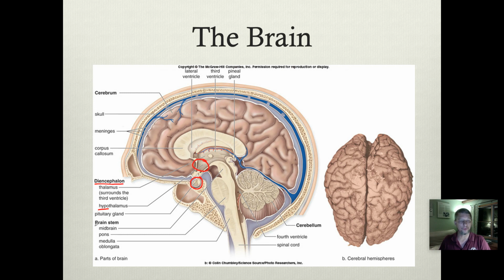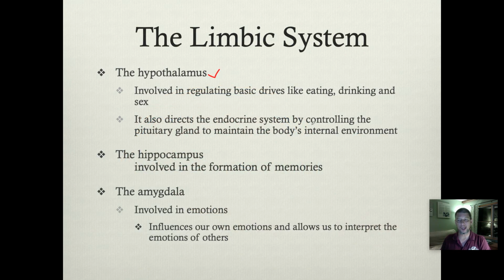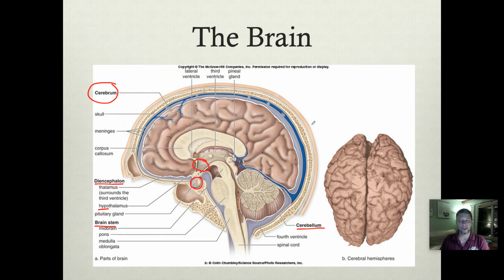Okay, so we've covered three portions: the diencephalon, the brainstem, and the cerebellum. The last portion that I want to talk about is the cerebrum. When you look at the brain from the outside, what you're actually looking at is the cerebrum.